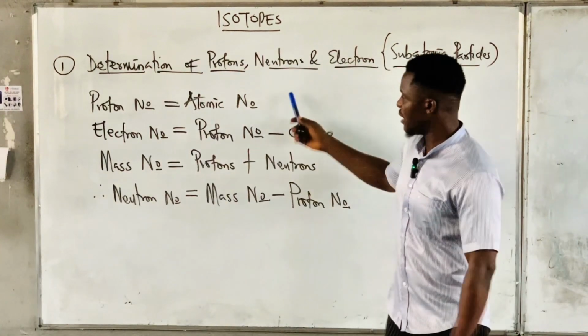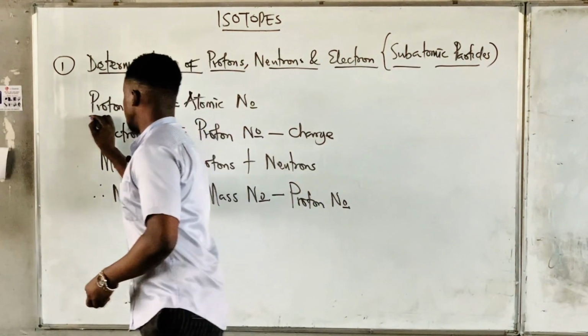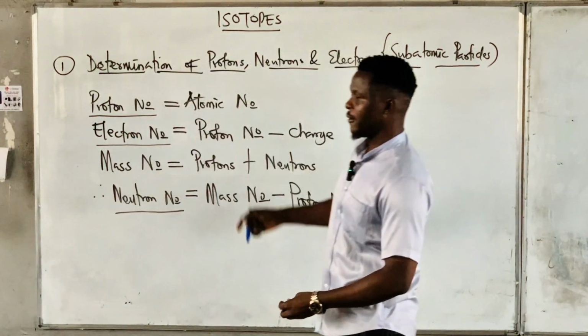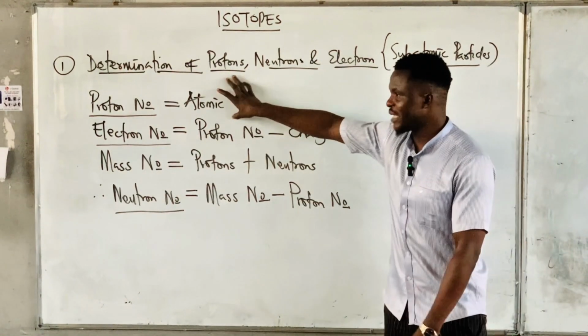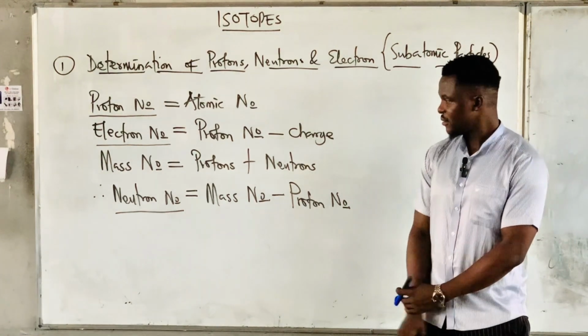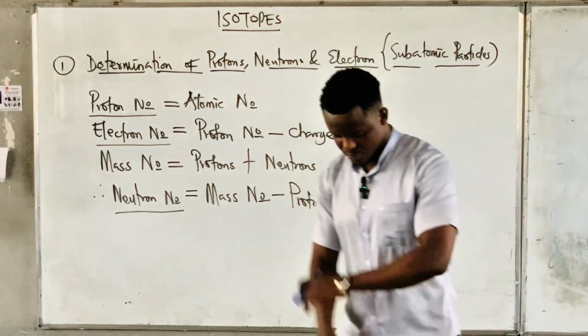With these formulas, all you need to do is locate the various values and substitute, which I'm going to start with an example afterwards. So please let's write down neutrons.